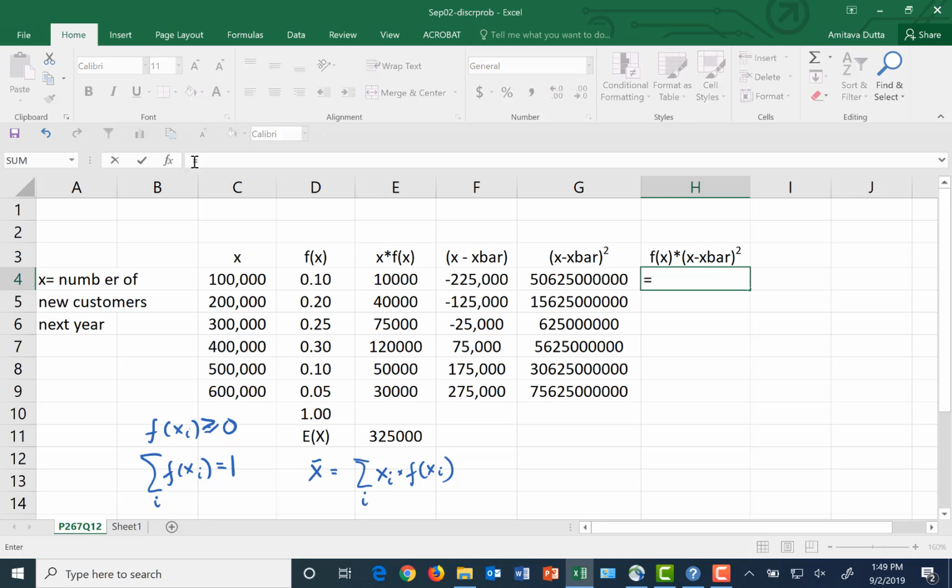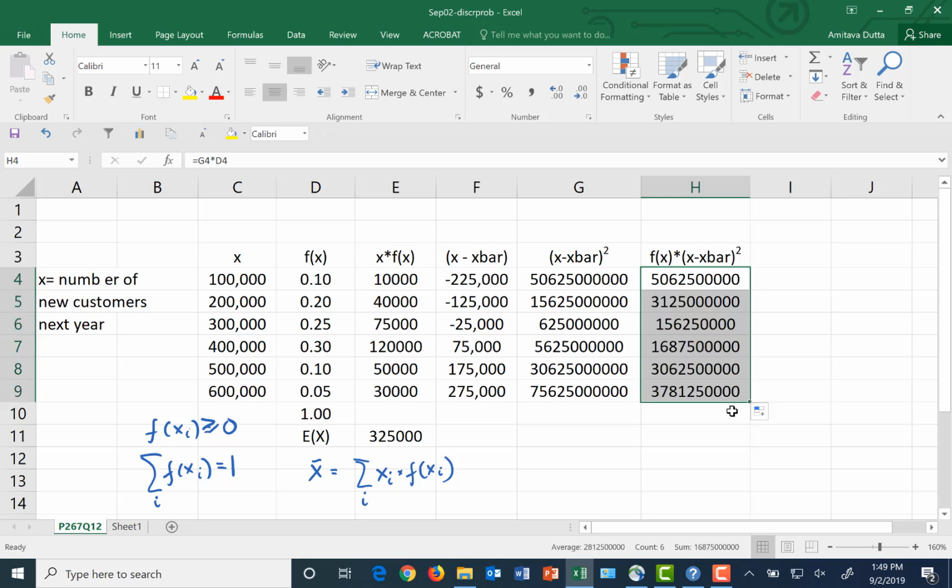So let's do that now. Here's the squared number, and I weight it by the corresponding probability. Let me center this once again, and I do the same for all the values, and I add them up.